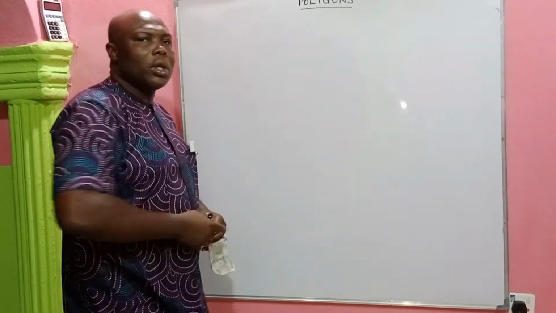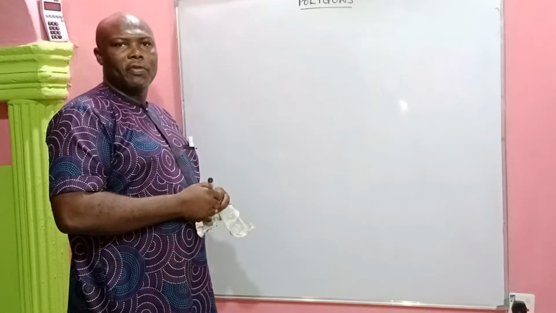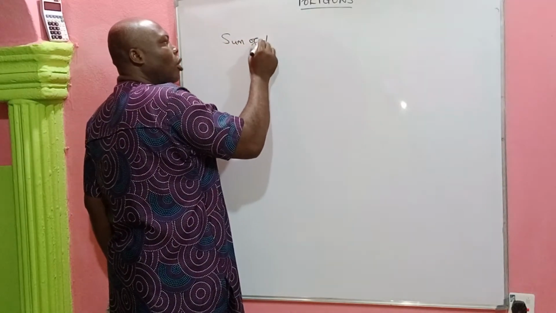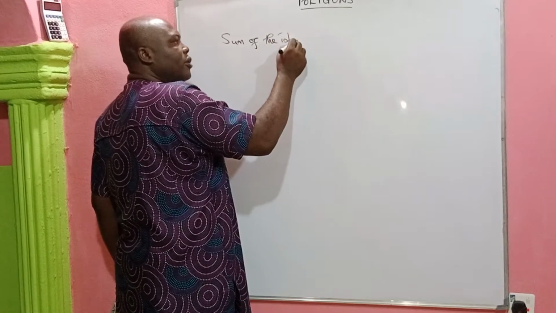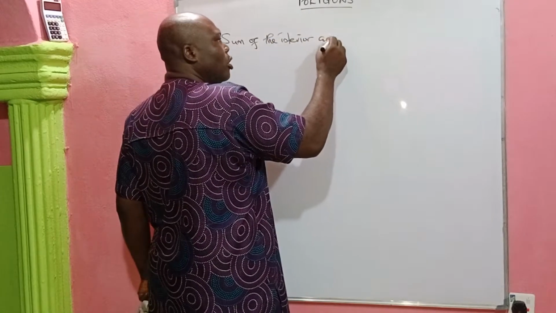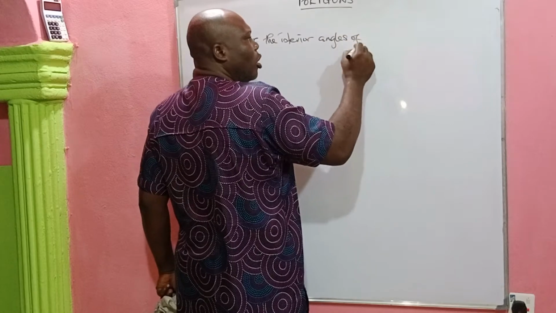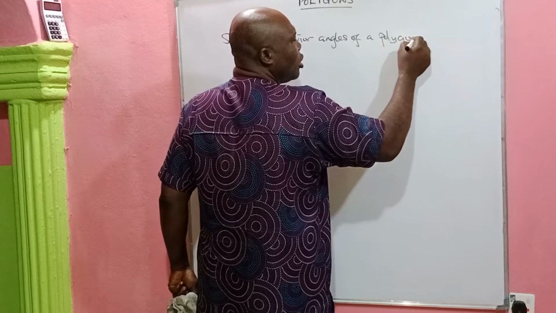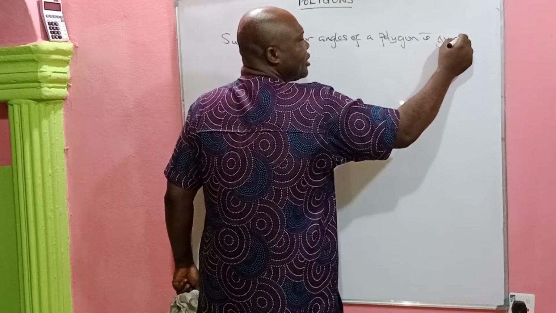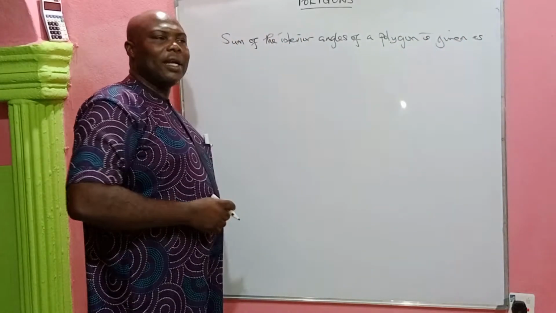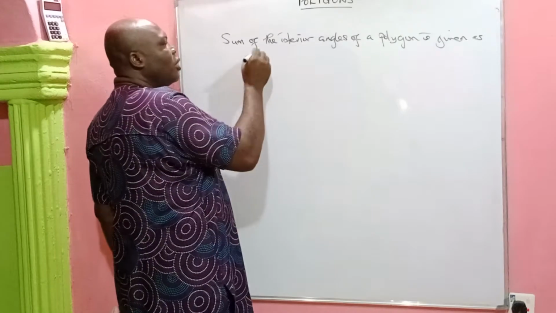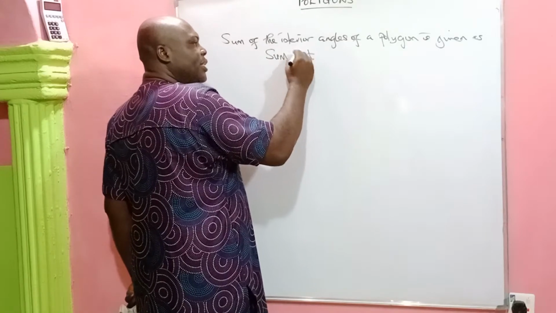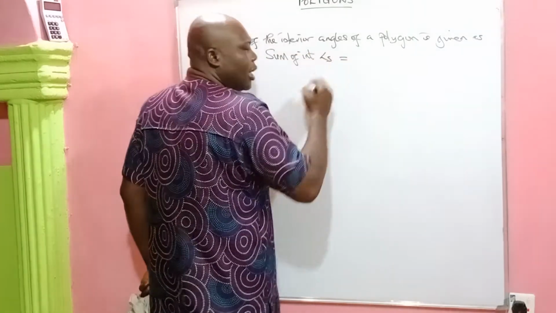So we have what we call the interior angles of a polygon. Now note that the sum of the interior angles of a polygon has a formula.